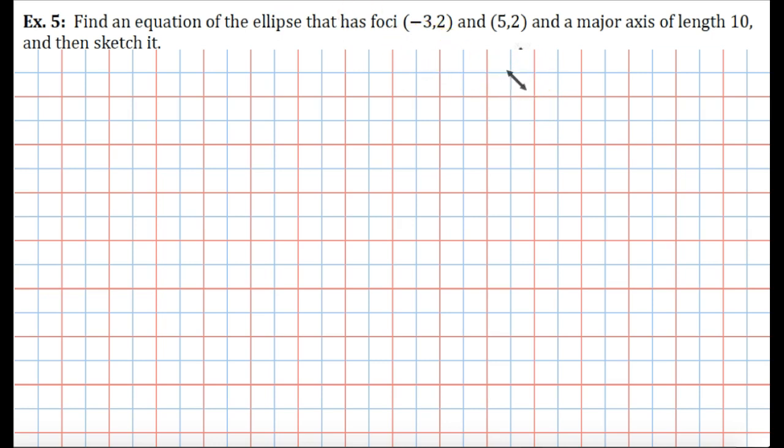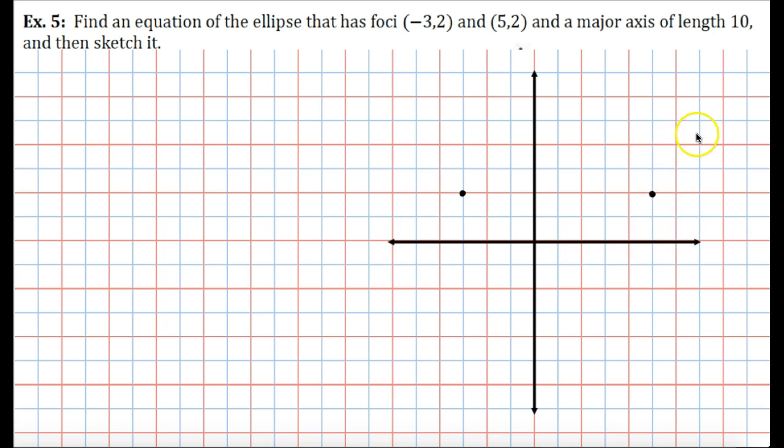All right, so I've got my foci at -3, 2, and 2, 3, 4, 5, 2.